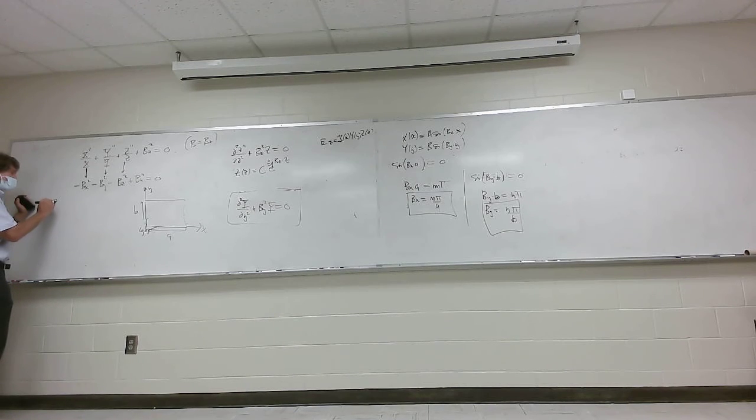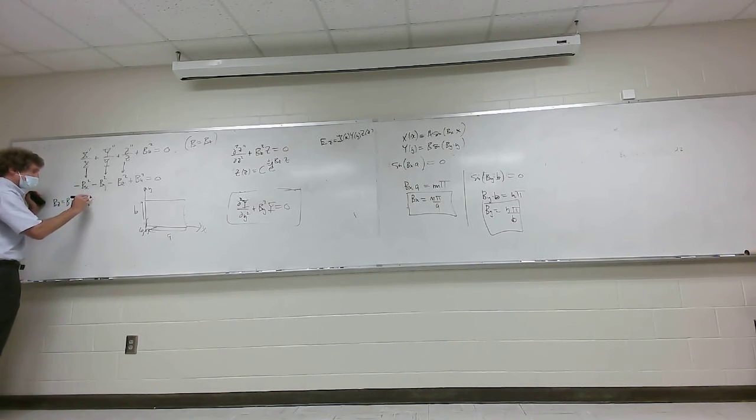Well, beta z, write this down, is equal to, take beta z to the other side, the square root of beta unguided squared minus the quantity beta x squared plus beta y squared.